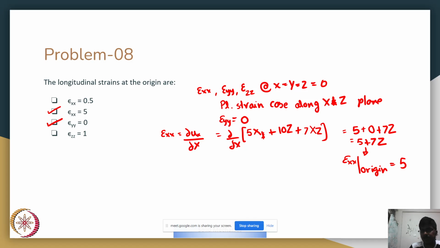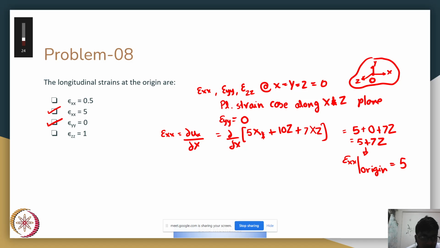xyz will represent a coordinate system, right? So this is our body. This may be the origin of xyz or x1, x2, x3. So your doubt is that you think this longitudinal strain should not be 0, is it? No, sir. How are XYZ 0?